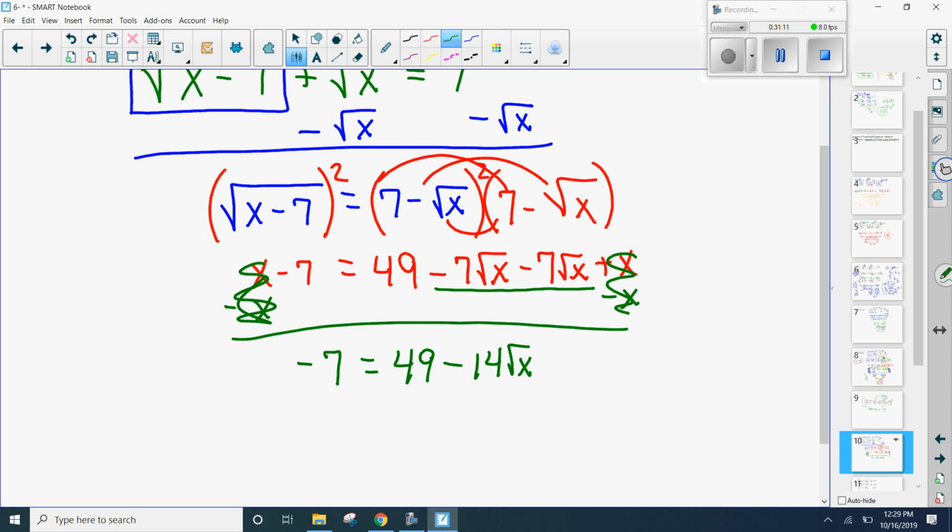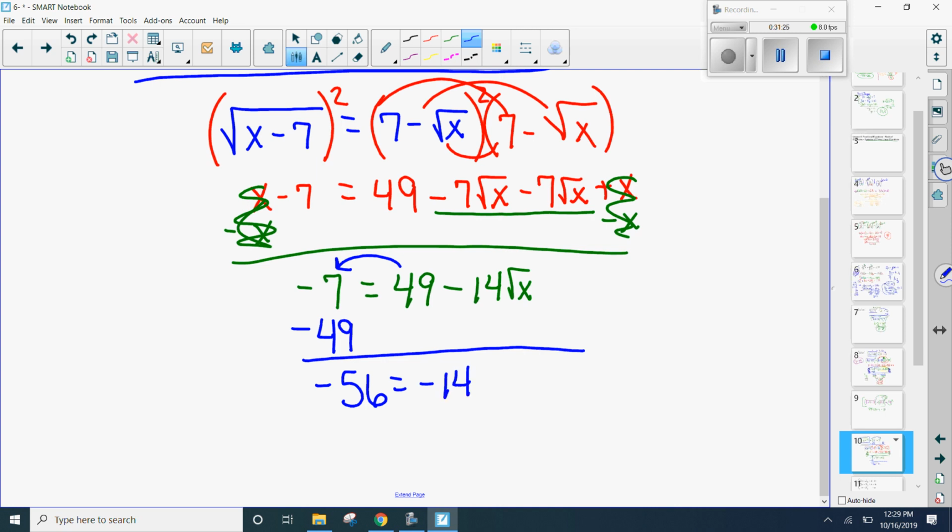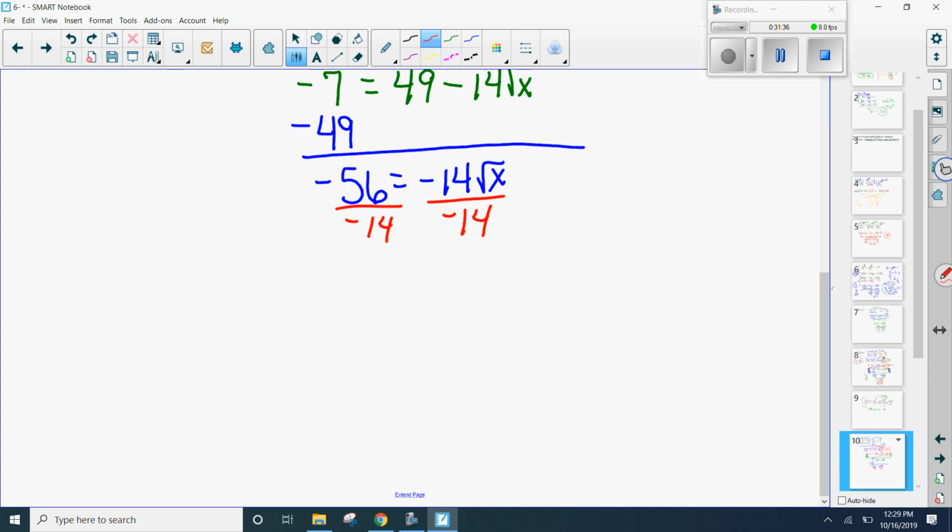Now what do you do? You move the 49 over by subtracting it, which leaves you with negative 56 is equal to negative 14 radical x. And then you do what? Divide by negative 14, which is what? 4.